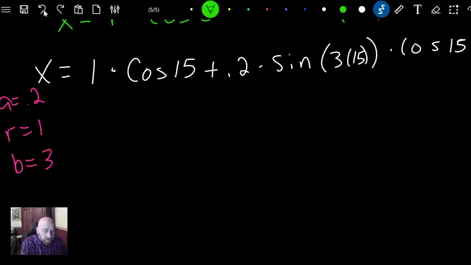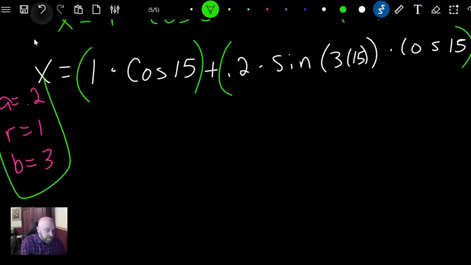Now let's put those parentheses back on so we remember that this plus sign is here and we don't do things out of order. These other things all stay the same. Those are all constants. They don't change. Whatever they told us these parameters are, those stay the same throughout.